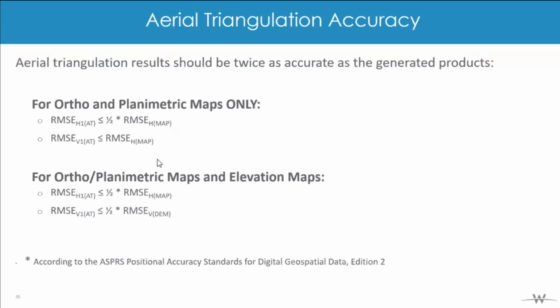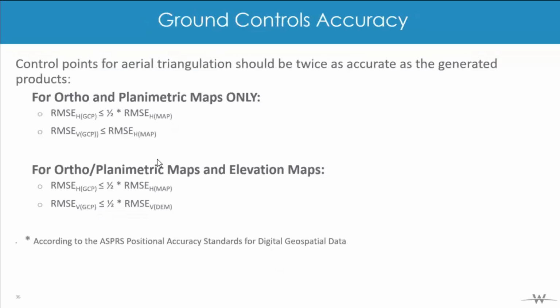So that's why for the elevation, we ease it up a little bit. But if you are producing ortho and elevation data from that aerial triangulation, then the twice as much applies to the horizontal and vertical of the map. Ground control, the same concept.